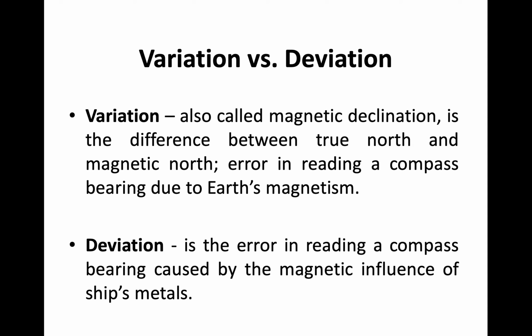And that's what we call the deviation. In other terms, instead of the compass pointing to the true north, it actually deviated because of the magnetic influence of the ship. So that's the difference between variation and deviation.